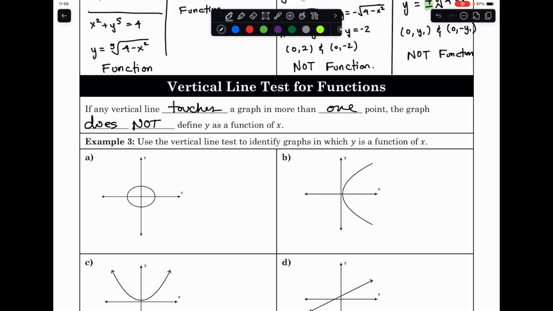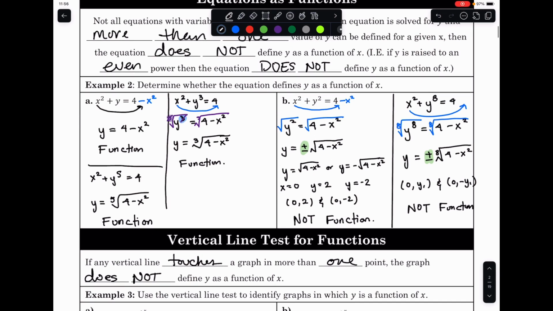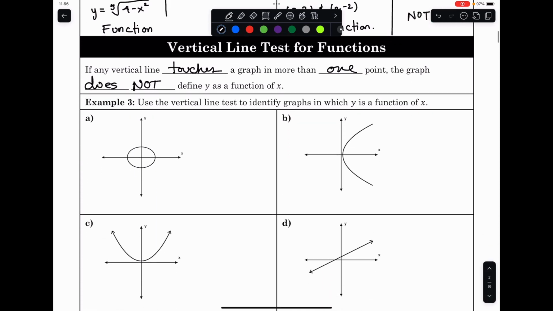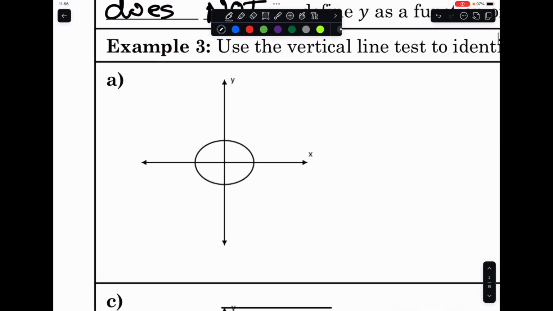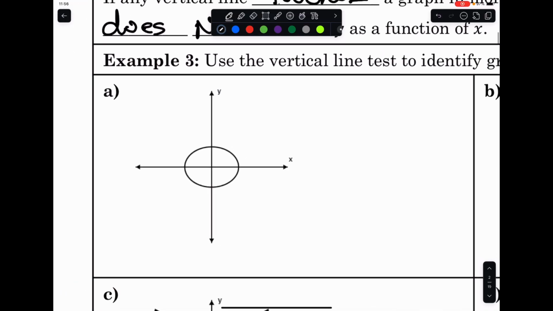So if you're ever not clear on whether an equation is a function or not, simply use any graphing utility, graph the relation, and verify that you can draw a vertical line that will intersect the graph only one time and no more than one.